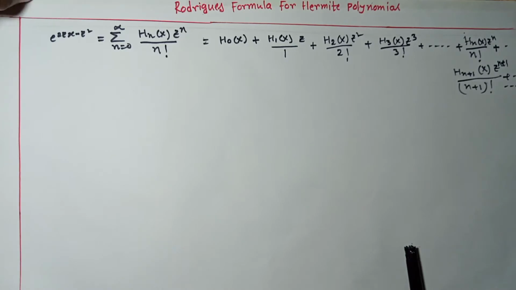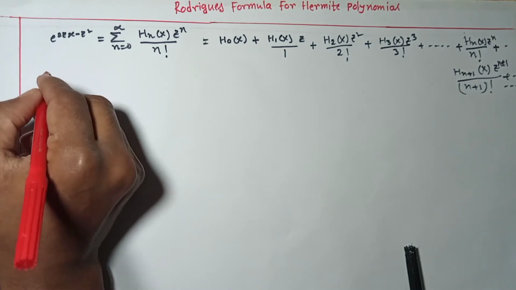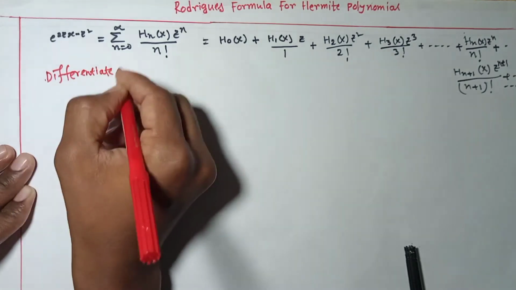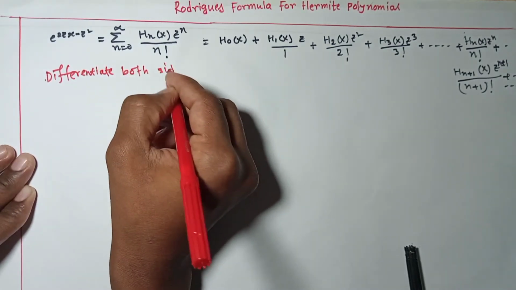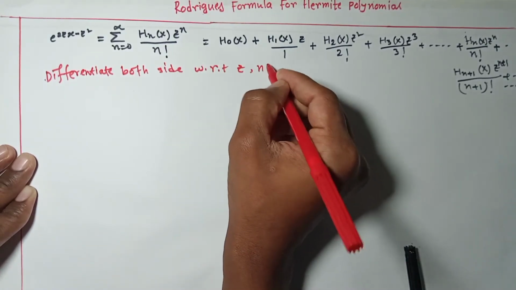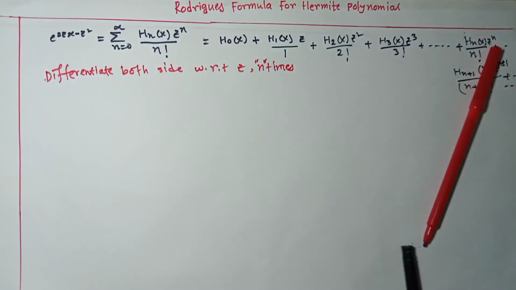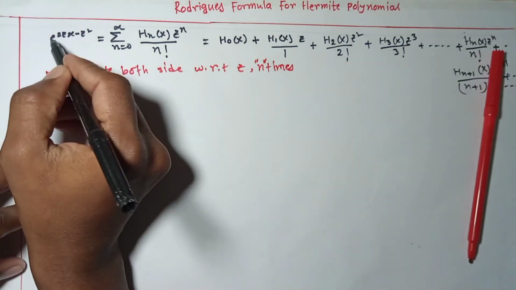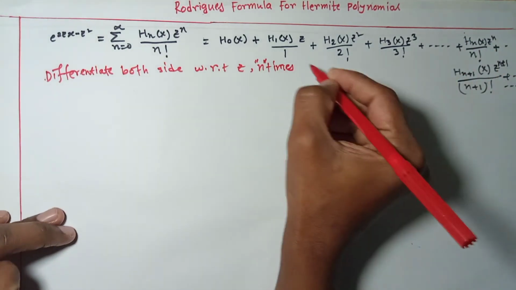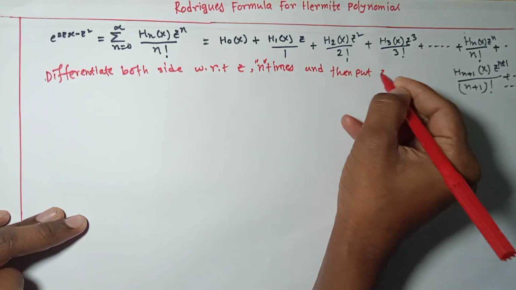Then we differentiate this with respect to z. Differentiate both sides with respect to z, n times. Then we put z equal to 0.